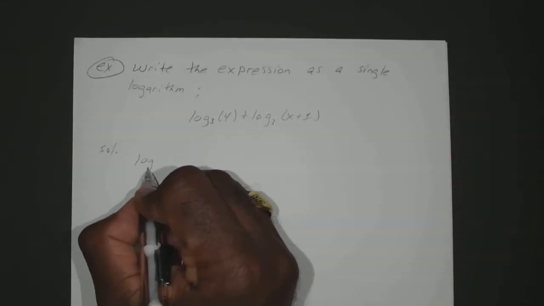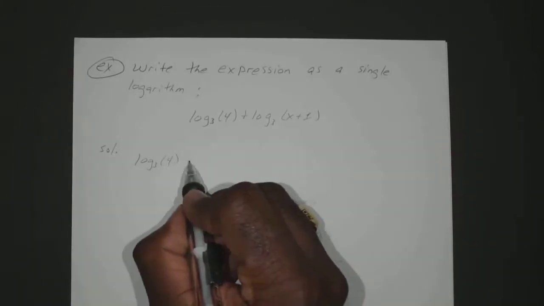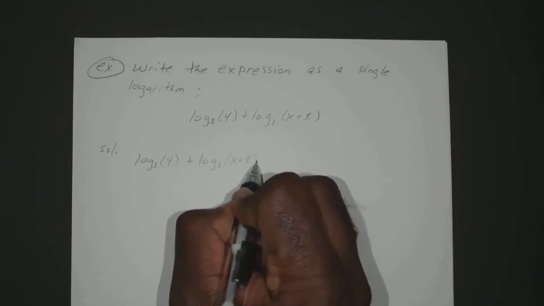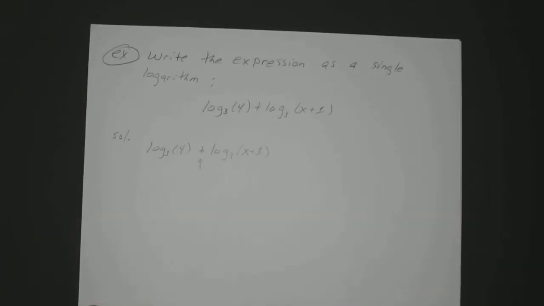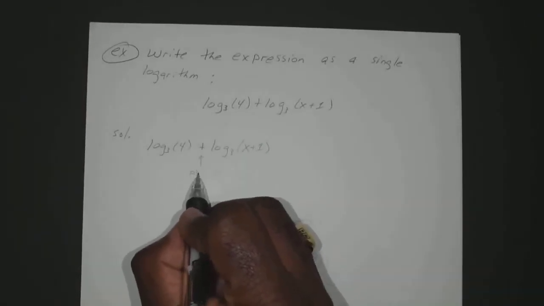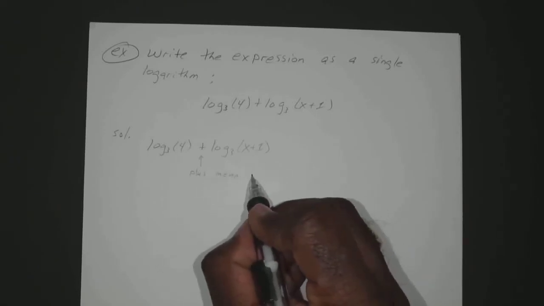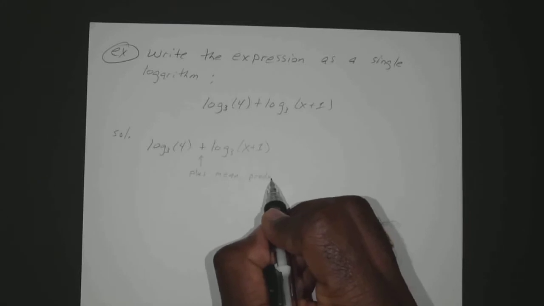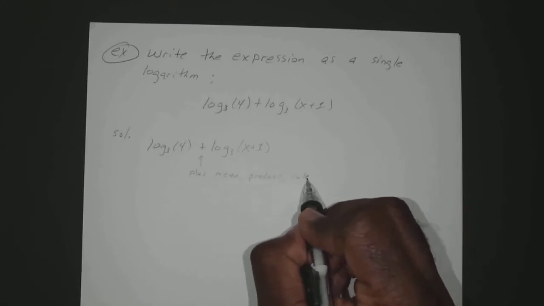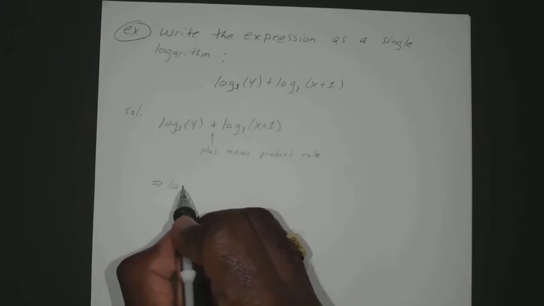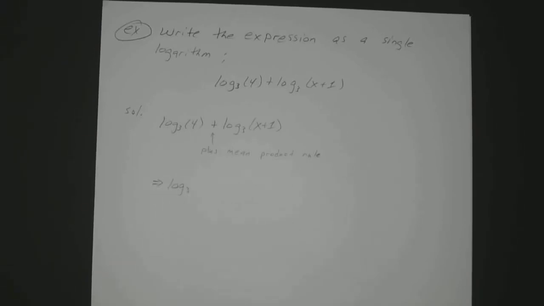Okay, so here, log base 3 of 4 plus log base 3 of x plus 1. We have that plus sign, so that's the product rule. That means we have log base 3.